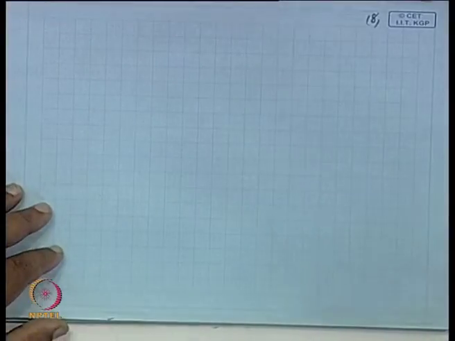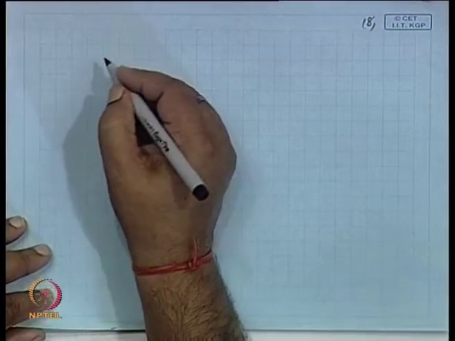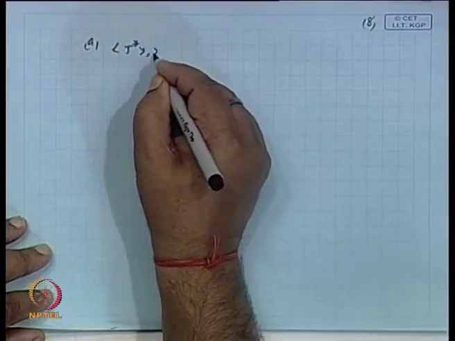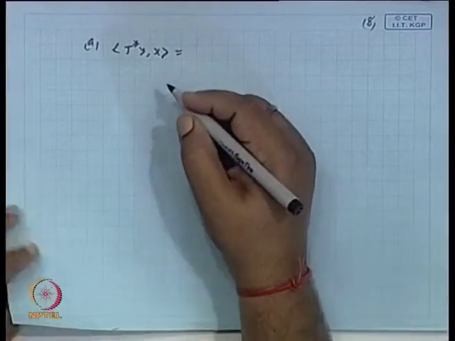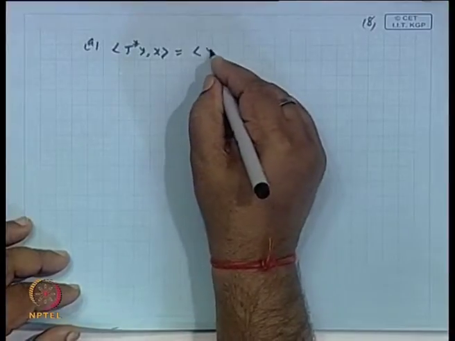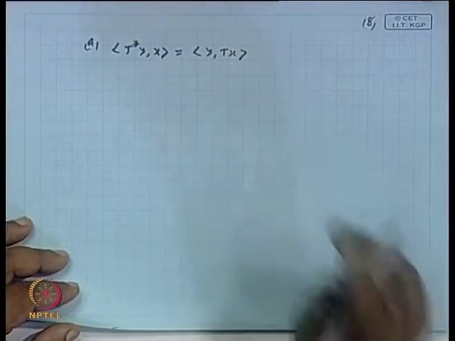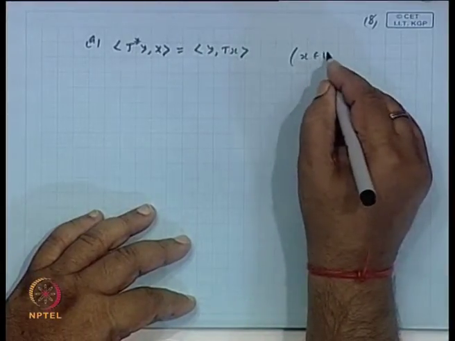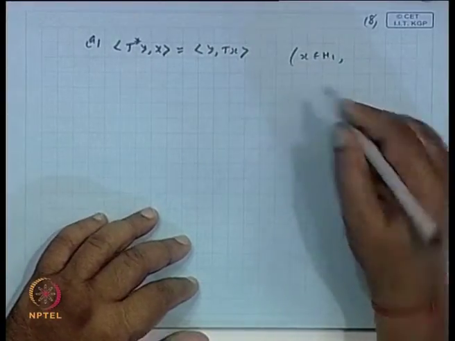First, the inner product ⟨T*y, x⟩ is the same as the inner product ⟨y, Tx⟩, where x belongs to H1, y belongs to H2.